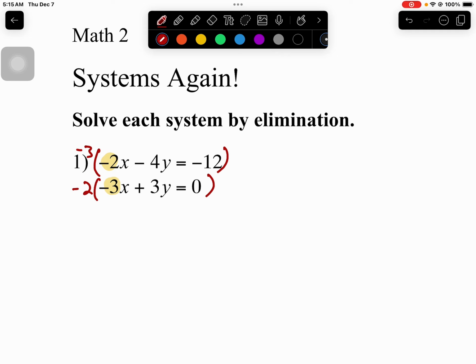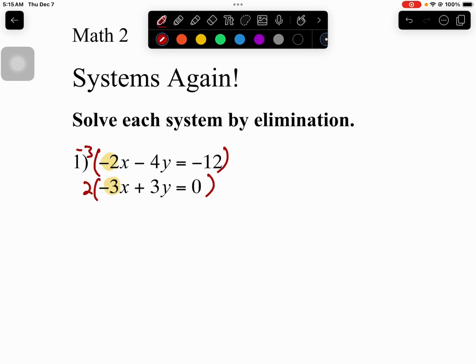Okay? But if I do that, they're both going to be positive. So I need one of them to be the opposite. It doesn't matter which one you do, but I need one of them to be negative. So I'm going to multiply the bottom one by positive 2.